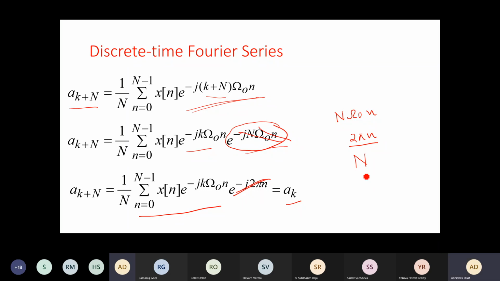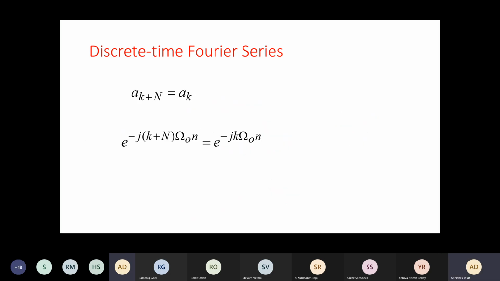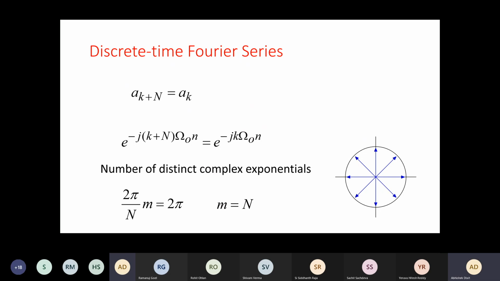If you have any doubt, please stop me. Okay, fine. So we have seen this, and we have also seen that between 0 to 2 pi, there are N complex exponentials. I will not repeat it.